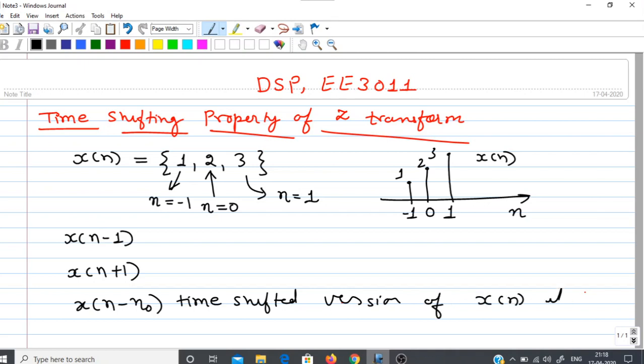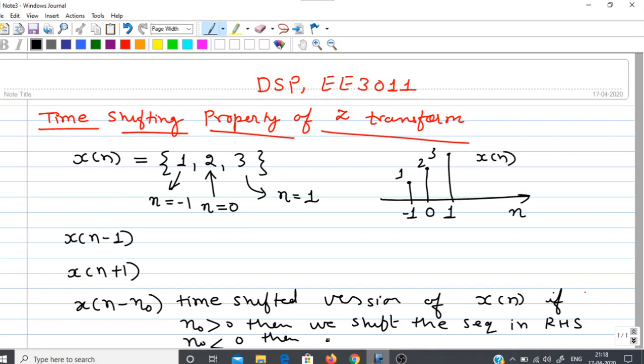And if n naught is positive, then we shift the sequence in the right hand side direction. And if n naught is negative, then we shift the sequence in the left hand side direction, or in the backward direction.